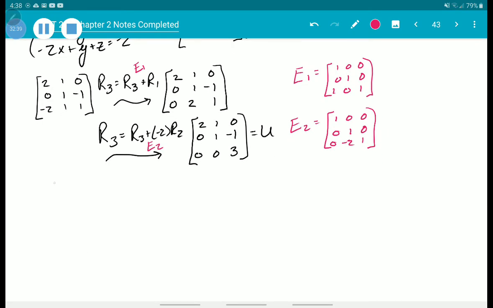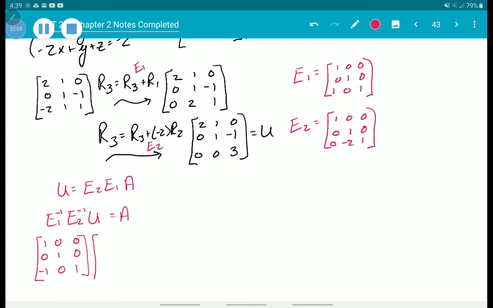So right now we have U is equal to E2 times E1 times A. So that means this is an equivalent statement. So our E1 inverse is that. Our E2 inverse is that. Notice those are both lower triangular matrices.